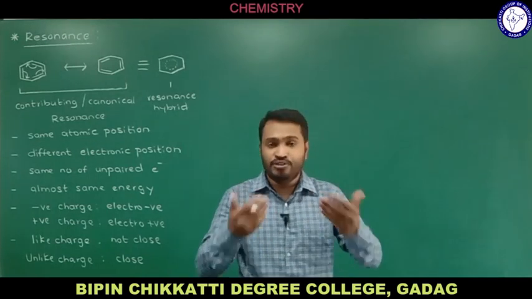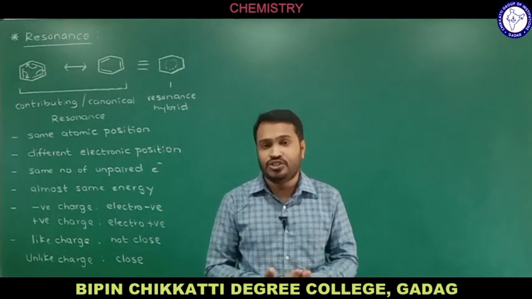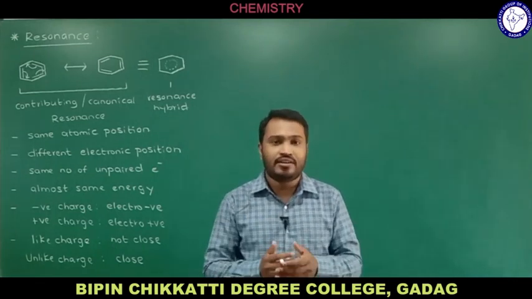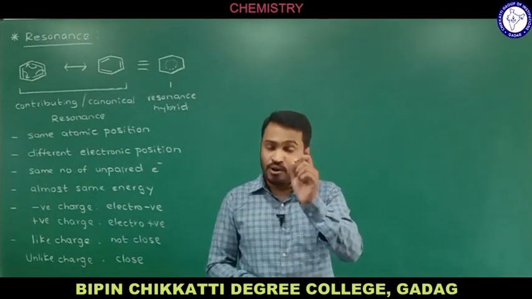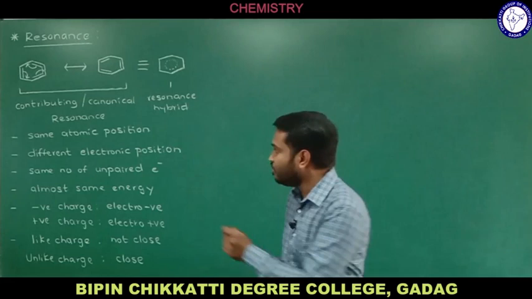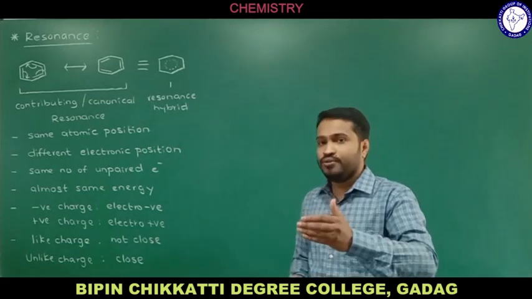Whereas if oppositely charged, plus and minus, they attract each other, which contributes to stability, therefore they should be as close as possible. So all these are the conditions you need to remember to draw the resonating structures of molecules or ions.